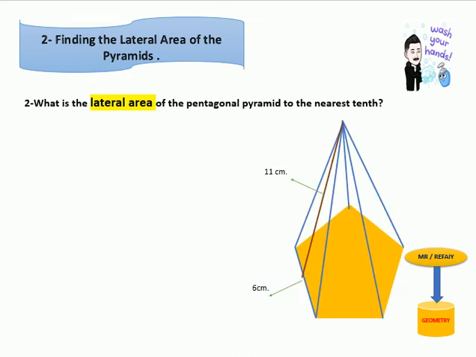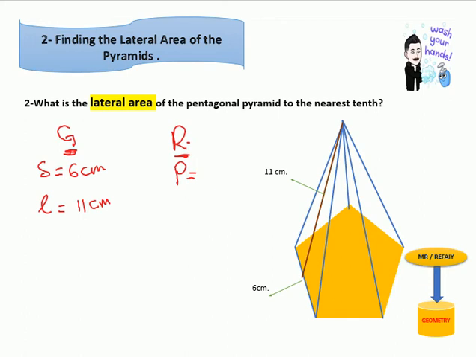Now, what is the lateral area of the pentagonal pyramid to the nearest tenth? Also here, we have to determine the given and the required. The given here: S is equal to 6 centimeters, and L is equal to 11 centimeters. The required: we need to get the perimeter of the base.